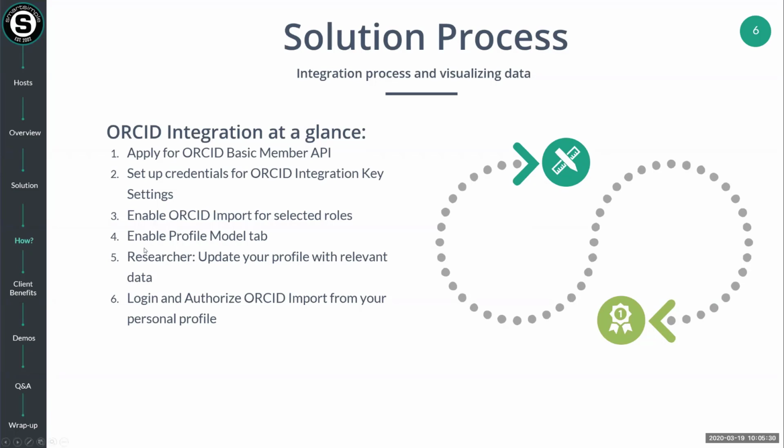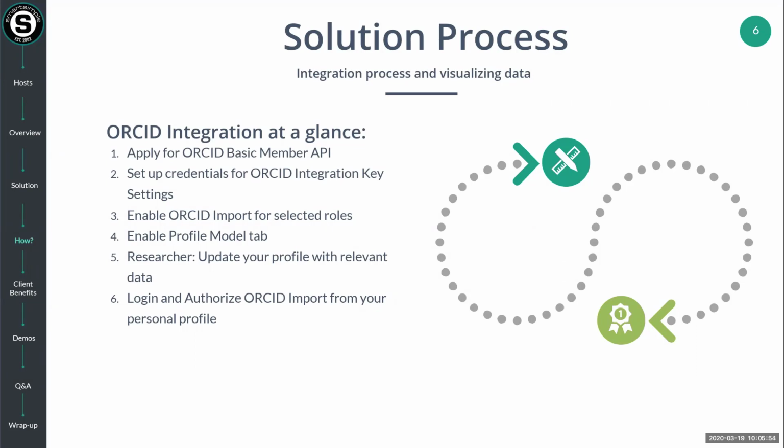In terms of the integration at a glance, the first item of housekeeping is that you as an organization are going to need to have a membership with ORCID. That will provide you with an API credential key.